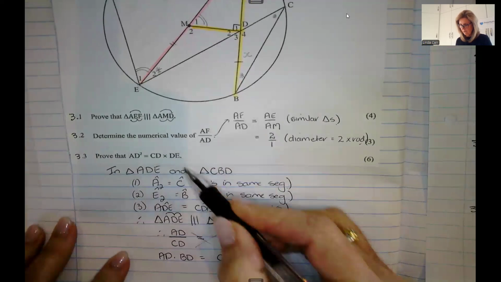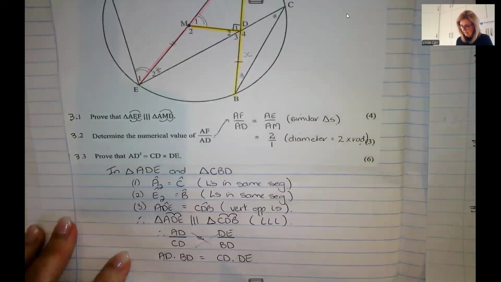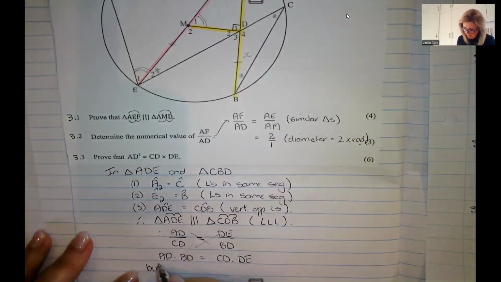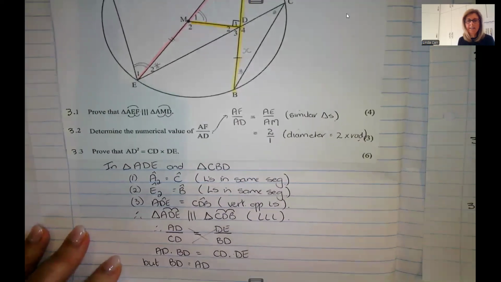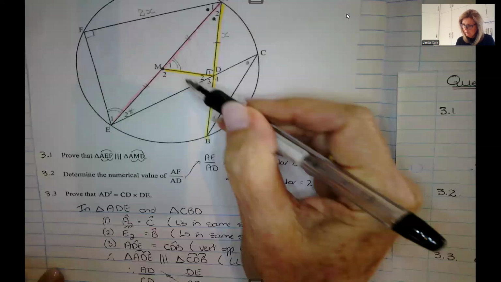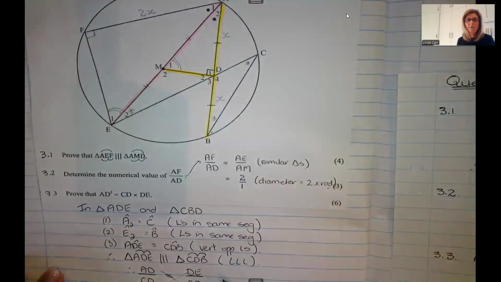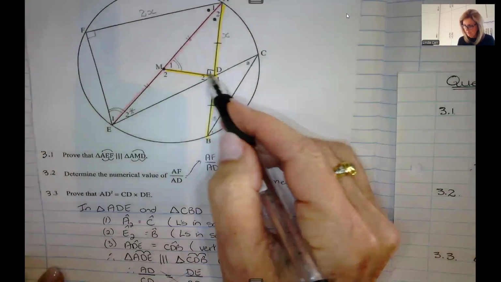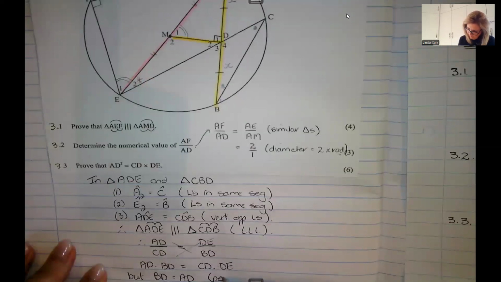Yay, I'm happy because look at that. And then I can say, but BD is equal to AD, and that's because of our perpendicular from center to chord.